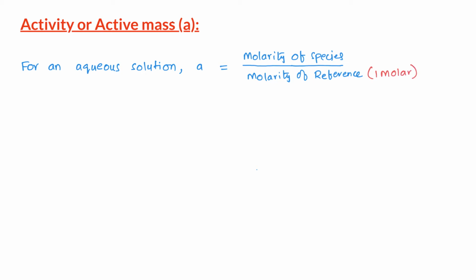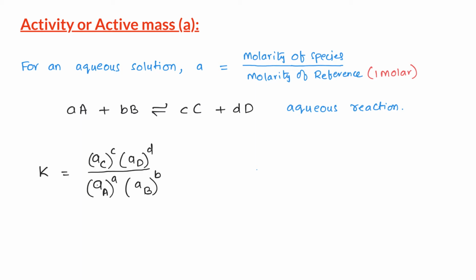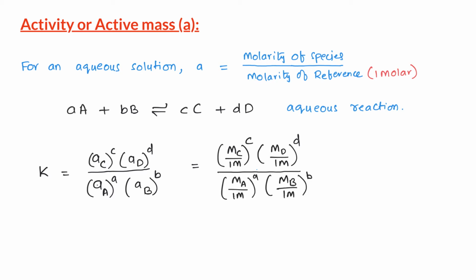So, if the hypothetical chemical reaction we discussed earlier occurs in an aqueous solution, the equilibrium constant K can be written as molarity of C divided by 1 molar raised to the power c, times molarity of D divided by 1 molar raised to the power d, and so on.